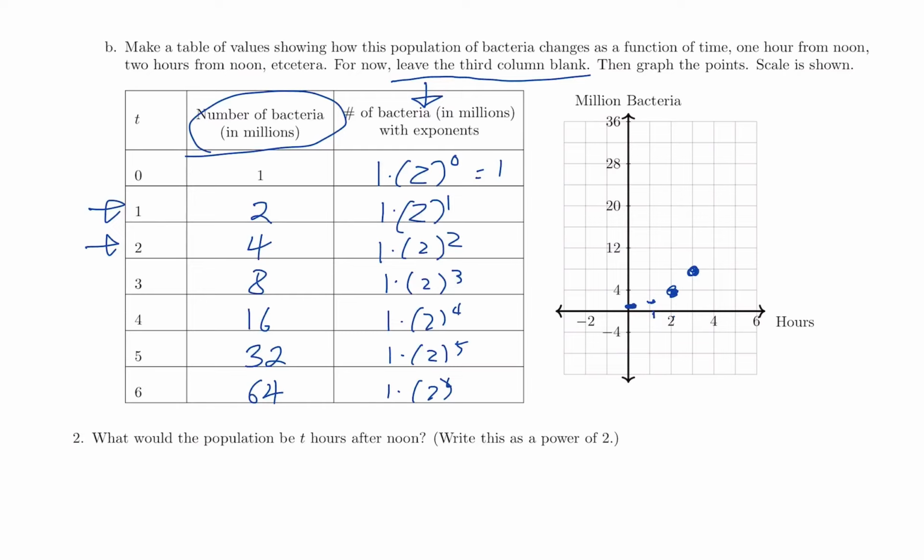And 4, 16. 5, 32 was all the way here. And you can see that at 6 would be way high. So it grows exponentially, and as you can see, it's growing really fast. Very rapidly. That's one characteristic of an exponential function when it's increasing. It also could be decreasing, but we're looking at an increasing example here.